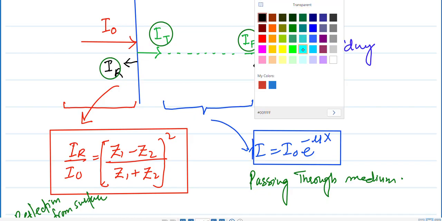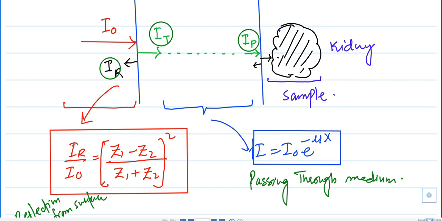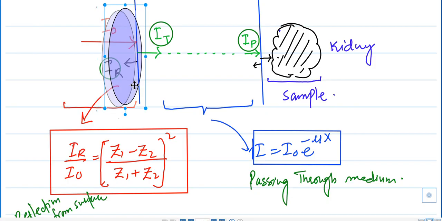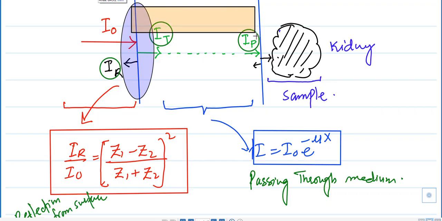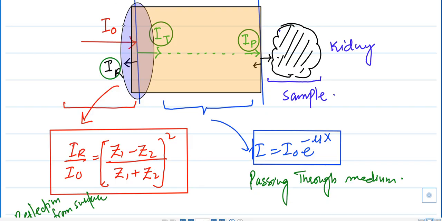The reflection coefficient means that the energy of the ultrasound will be dissipated due to reflection at this boundary. This is the boundary where the decrease in intensity will take place due to reflection. But when the ultrasound is passing through the medium, you will use the attenuation formula.